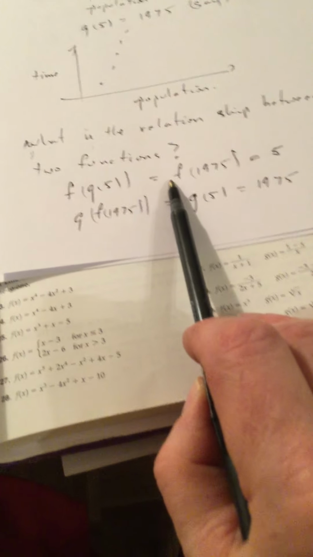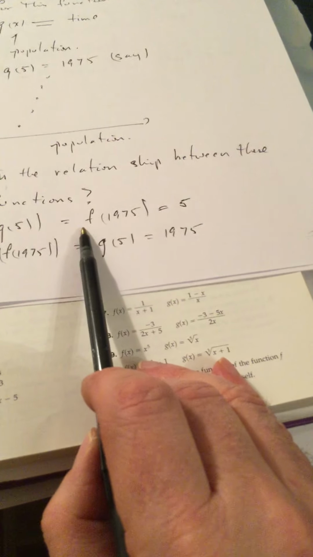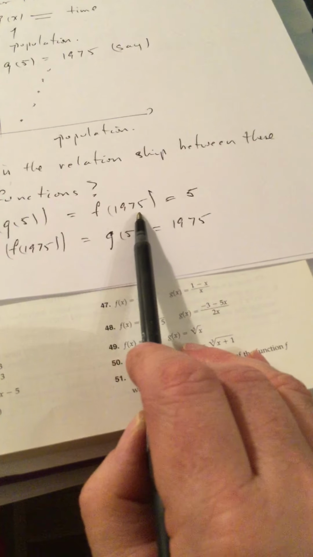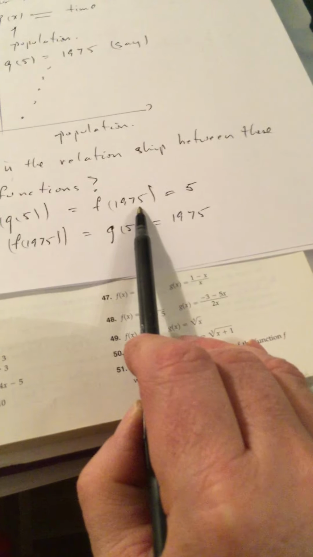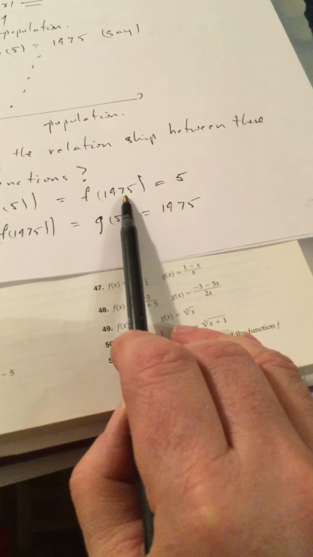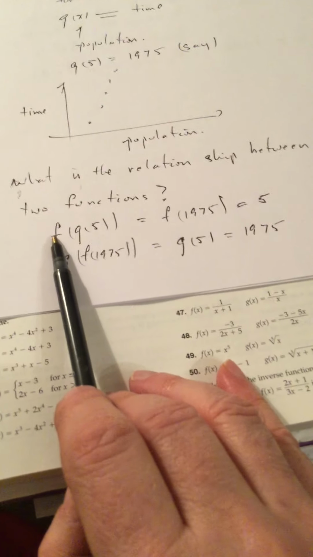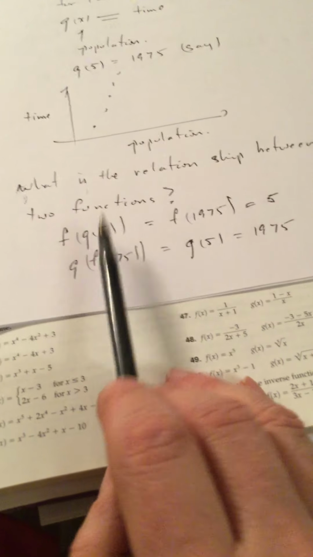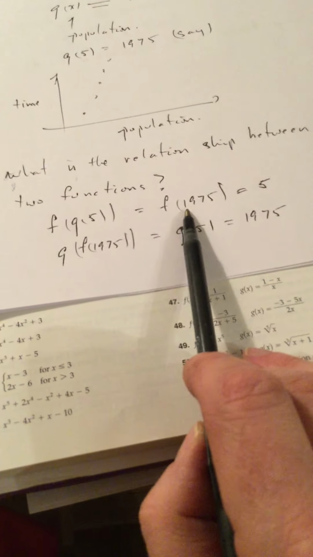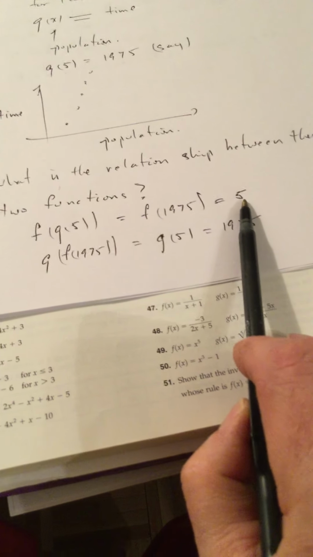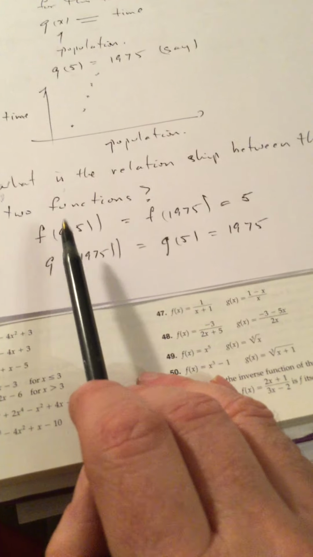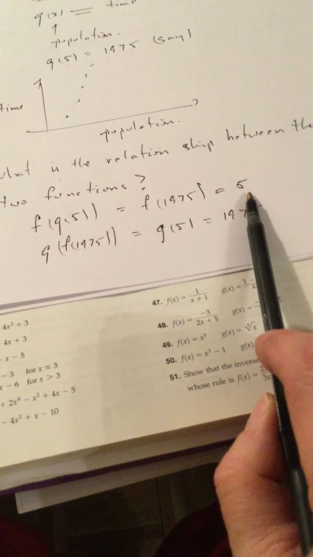And then f told you what the population was in the year that you plug in, in this case 1975. So when we take the composition of f and g and evaluate it at 5, you get f of 1975, but f of 1975 is just 5. So f composed with g evaluated at 5 is 5.